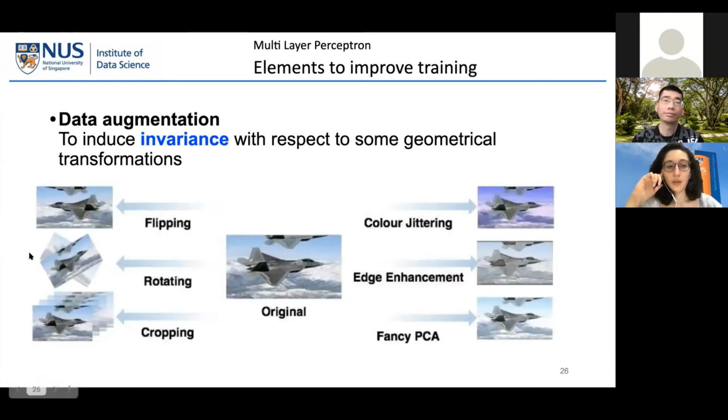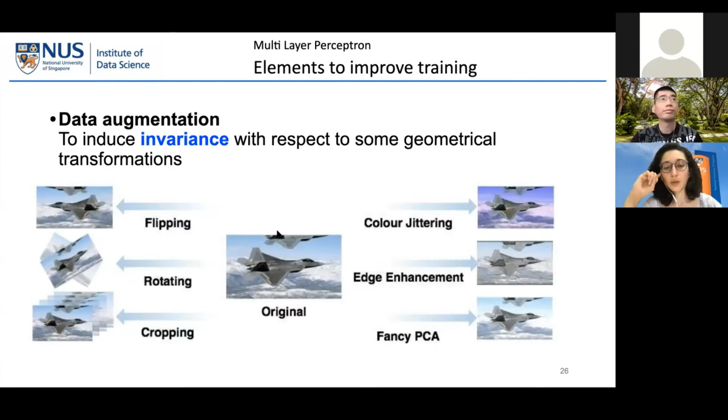And another thing to improve model performance, which is very popular, especially when you have images as input, is to induce invariance to your model with respect to some geometrical transformation. So for instance, imagine in your dataset, you have images of planes.